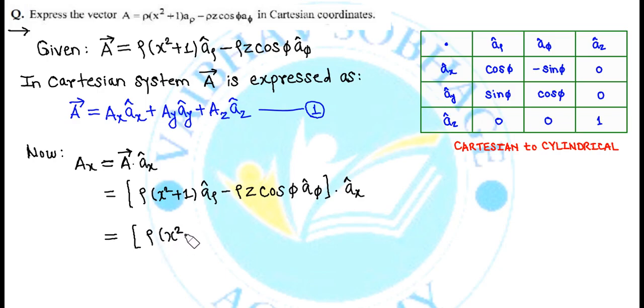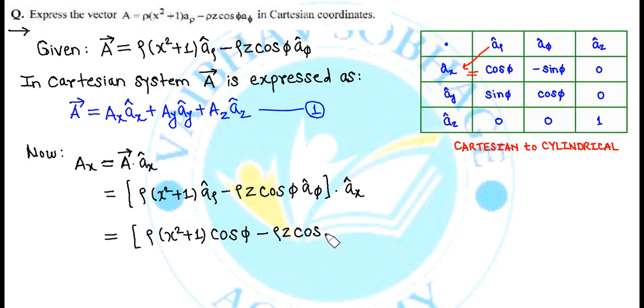Rho into (x square plus 1) into the dot product of a rho and ax. So what is that one? Dot product between a rho and ax is equal to what? We have that value to be cos of phi. Now keep the values of rho and z as they are for now.